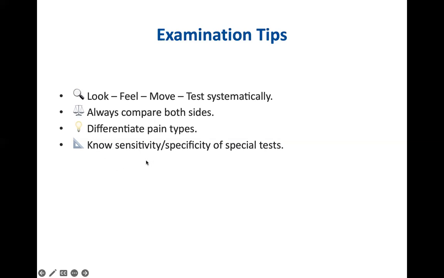Because we need to know exactly where the pain is. Sometimes you examine the shoulder and the patient says yes, it's painful, but when you dig into that, he will point to somewhere else other than the area that you're testing. In this case, you cannot say it's a positive test.